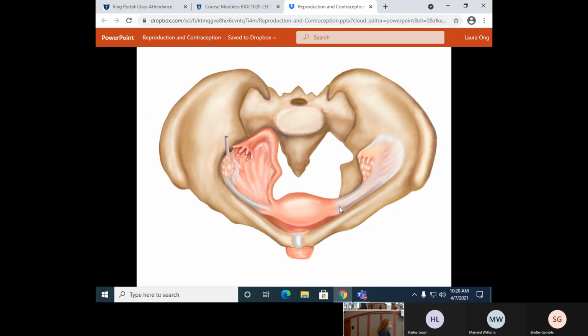And the purpose of the fallopian tubes is twofold. Firstly, they are going to allow eggs to travel toward the uterus.